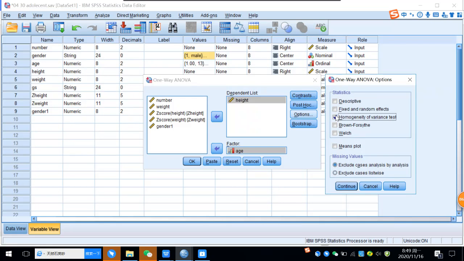Yeah, please think about what we have done in the dependent sample t-test. They are the same step. For one-way ANOVA, we also need to conduct the homogeneity of variance test. And here, Brown-Forsythe, Welch, you need to select because if the equal variance is not assumed, then you need to use these results. Okay.